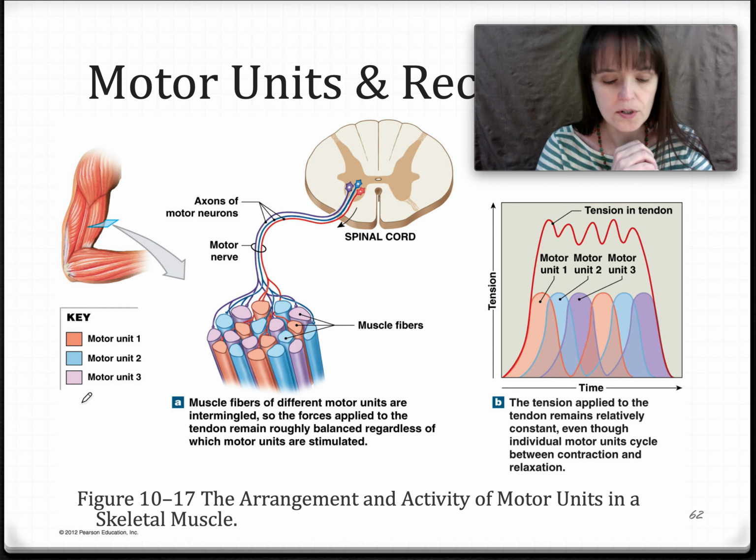And the motor unit is the motor neuron and all of the skeletal muscle cells that it controls.